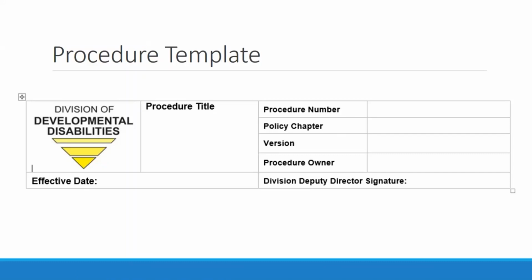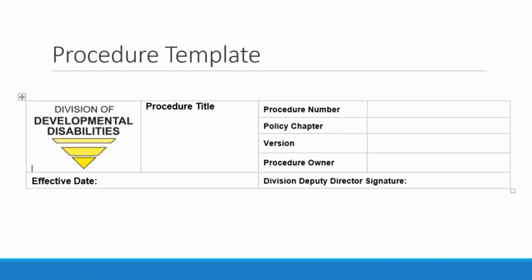So it'll be Beth or myself that's helping you with the procedure number and the policy chapter to have those assigned. The goal with both of these fields, I should say, is to give the reader and user of the procedure a heads up of where they may want to look for additional information in the manual.